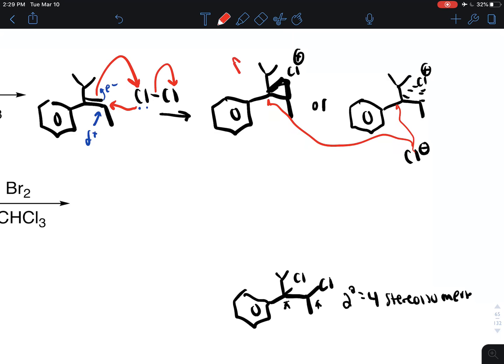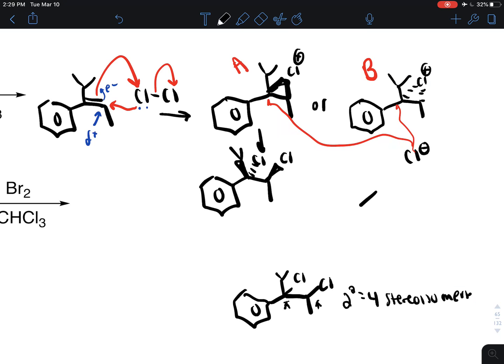So in structure A, we have a wedge orientation for that halonium bridge, so that incoming chloride anion is going to be on a dash configuration for that halonium bridge. So essentially, the resulting stereoisomer from this is going to be a dash chlorine on that tertiary benzylic position and a wedge chlorine on that secondary position.